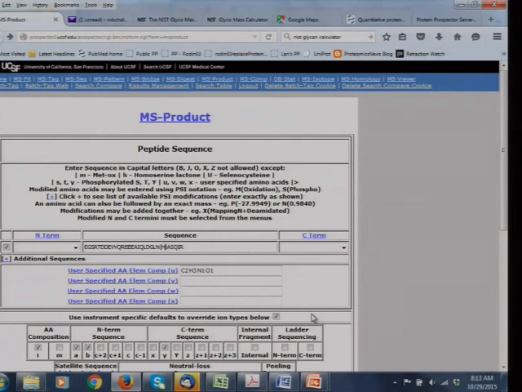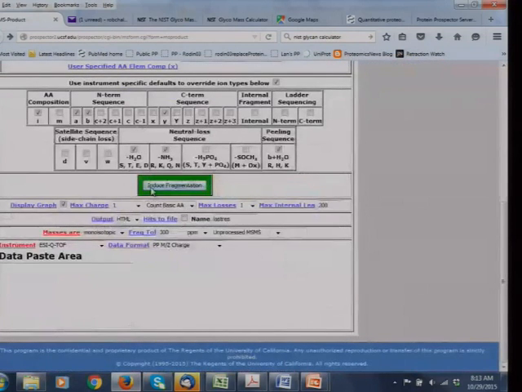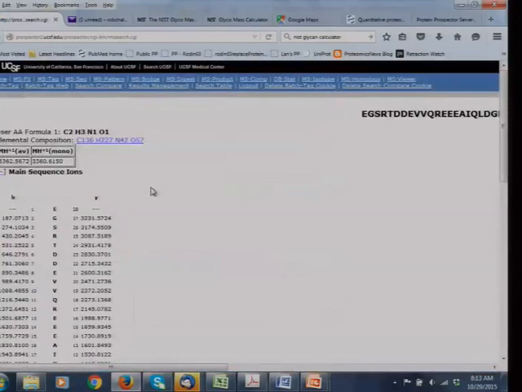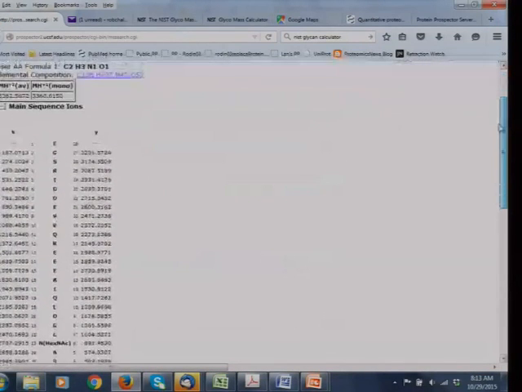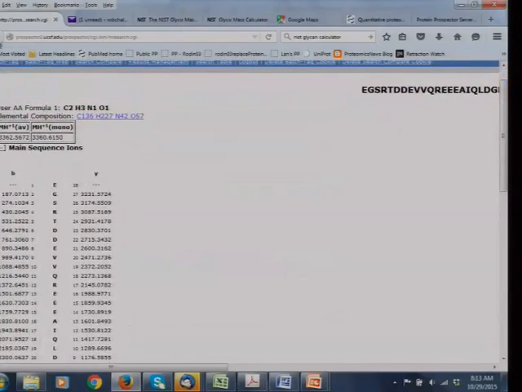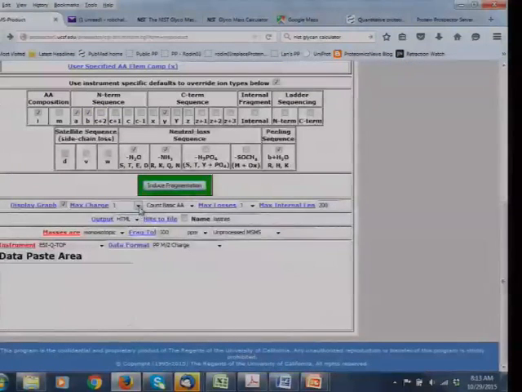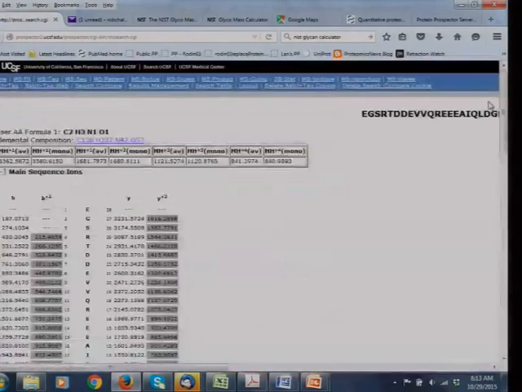So I can actually tell it HexNAc, and it's going to give us the masses of fragments we might expect. I'm going to do a little trick and tell it there could be up to 4 of them. I'll show you why.